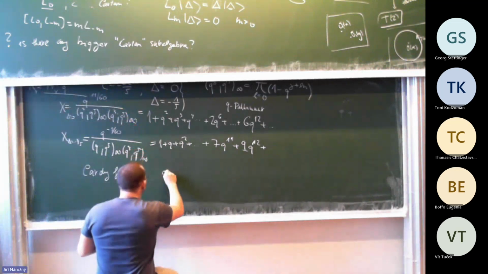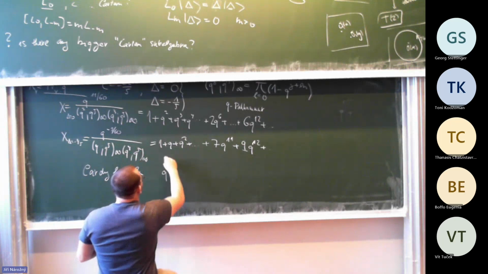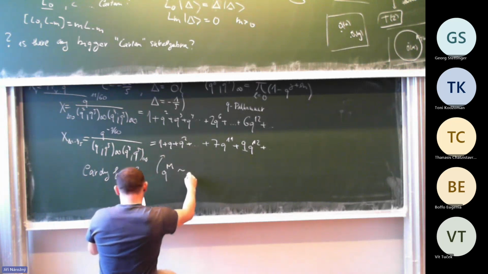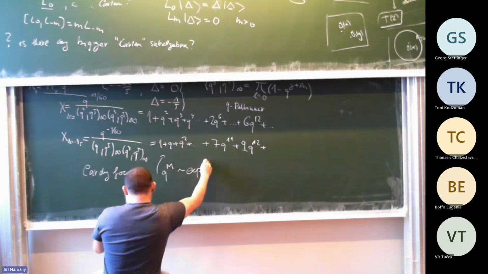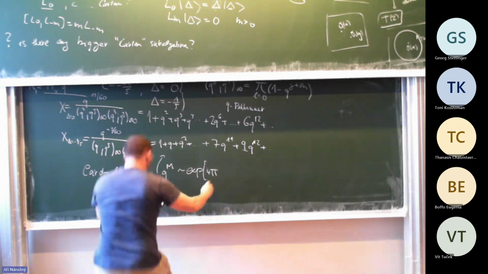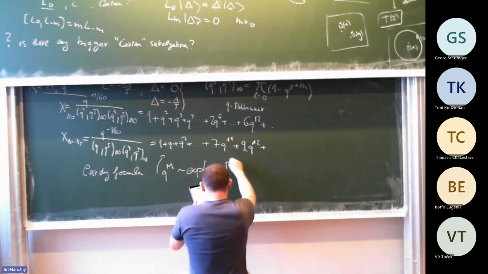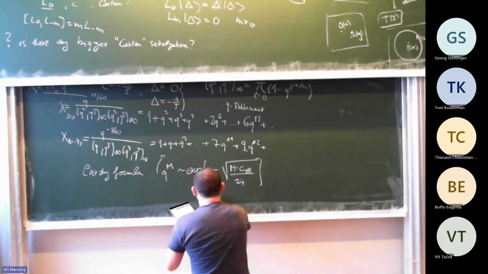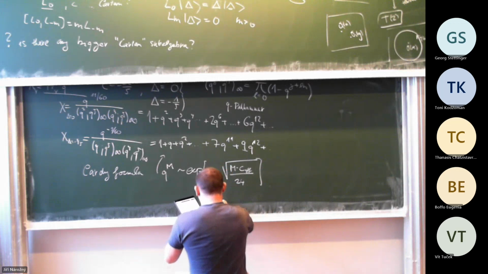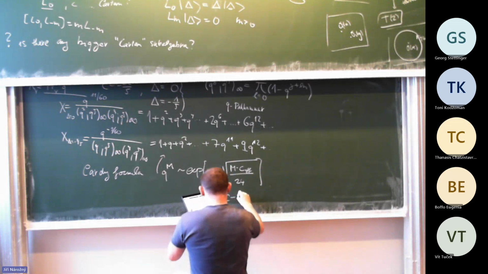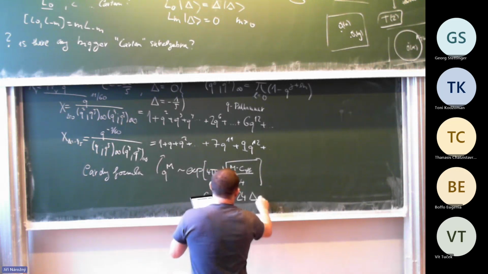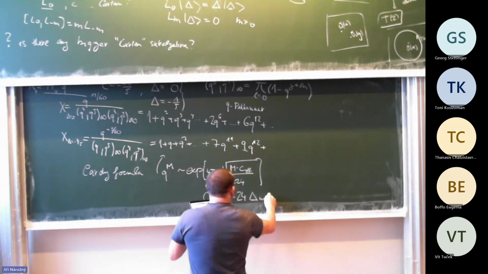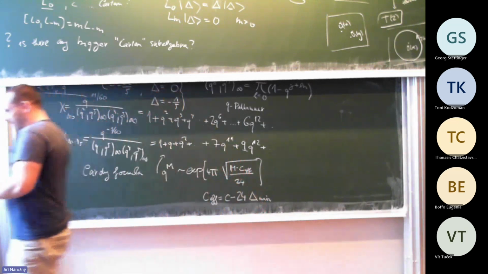So the coefficient of q to M in this thing goes roughly as exponential of 4 pi times the square root of M times c effective divided by 24, where c effective is c minus 24 delta min. Okay, this is just to see how the degeneracy grows.